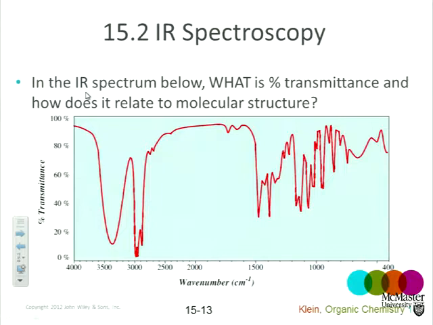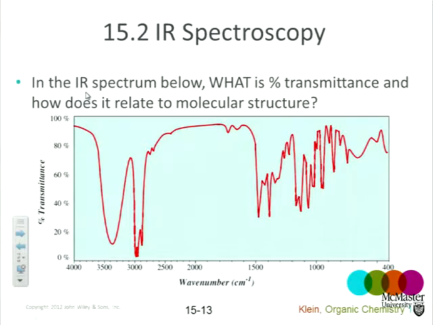In infrared spectroscopy, and again, there's no real reason for this, it's just traditionally the way it's always been done, we measure the percent transmittance through the sample. This is essentially the opposite of absorbance. So 0% transmittance means no light of that particular wavelength comes through the sample, it's all absorbed.